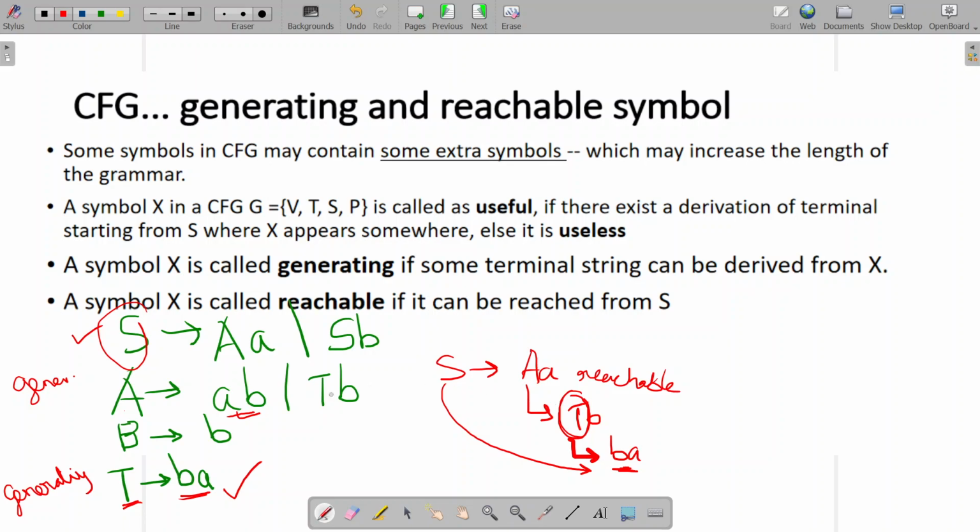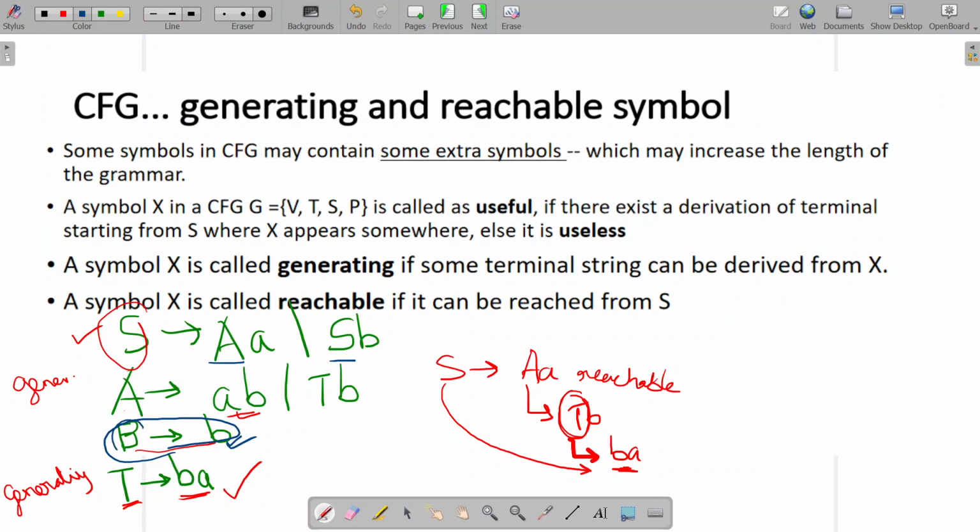But when you look at B, we have one more production rule, B maps to b. Yes, b is a terminal. It maps to a terminal, so it is generating. But what about reachability? From the start symbol, I am not able to go to B. S maps to AA or S maps to SB.